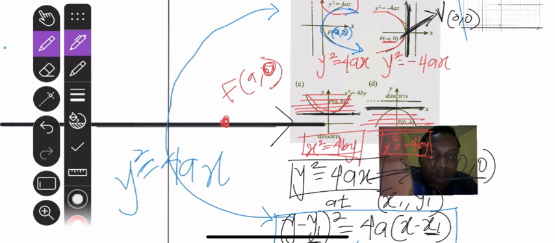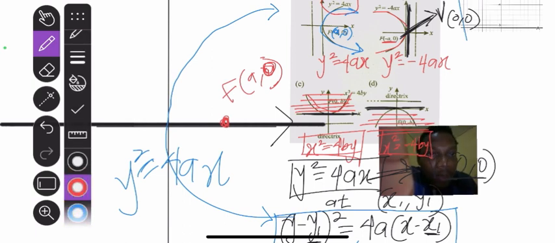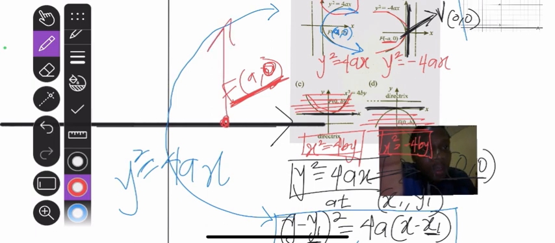Here is the focus, a units from the origin on the x-axis. Now take note of something I want to say here. Going from the focus to the curve is 2a. That is, going from this focus to the curve here, the distance covered is 2a. We are moving towards this direction as well, and it's another 2a.